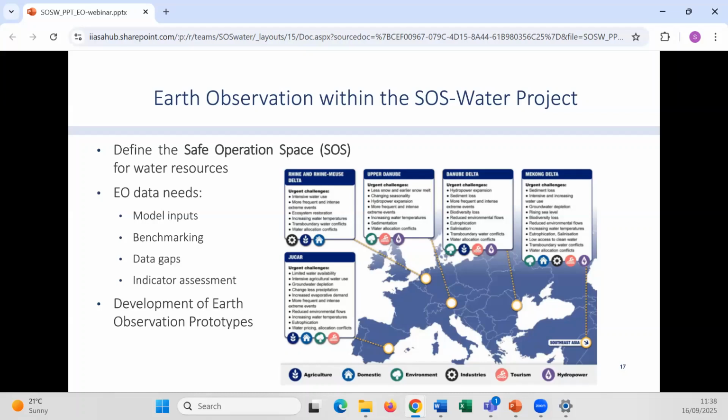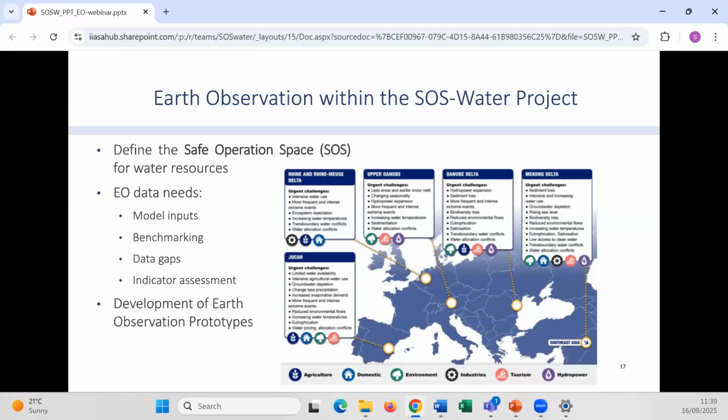And from the Earth observation side, work package 3 was asked to develop Earth observation prototypes to help with the Earth observation data needs for these case studies. And there are 4 ways in which Earth observation data was used to support the case studies.